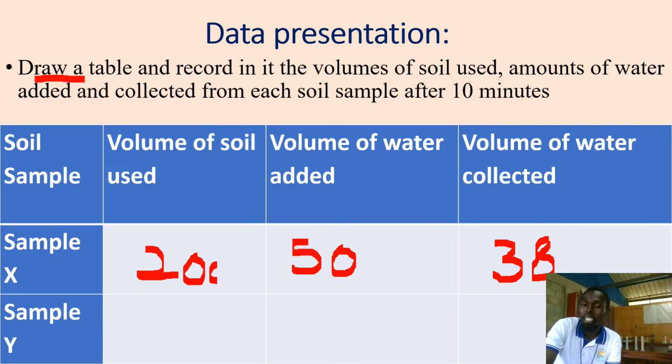Then, since we said repeat this whole story as it was for sample X, these ones are constants, 20 centimeters cubed.